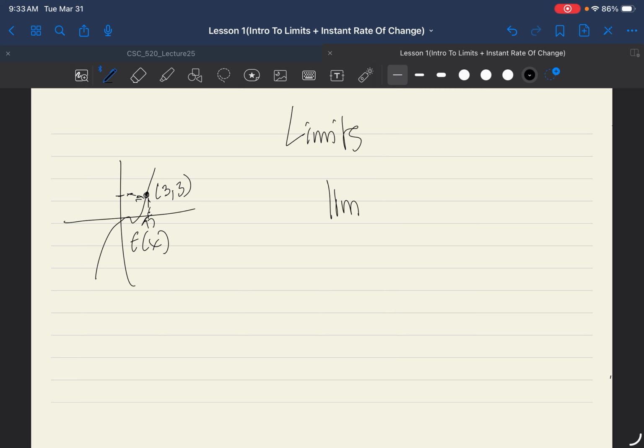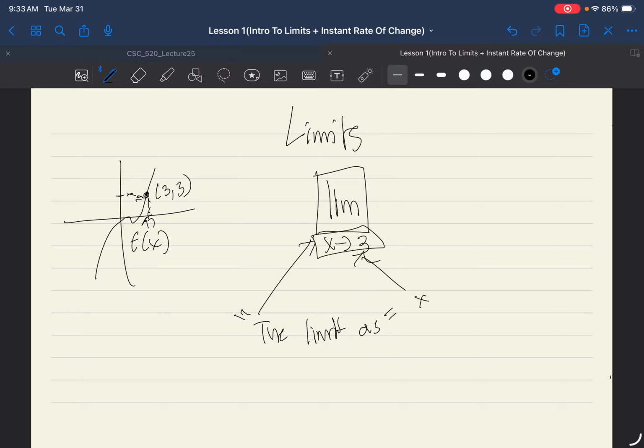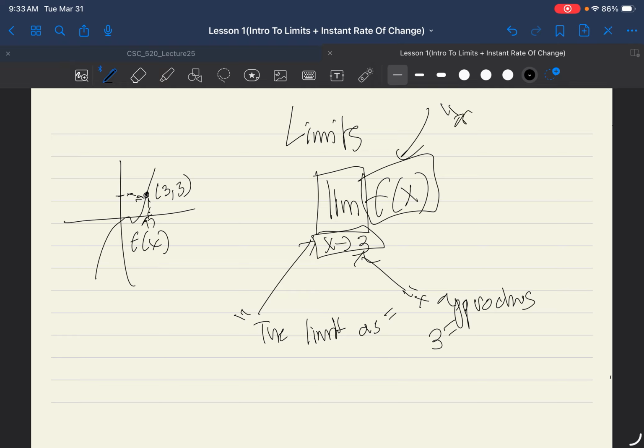So the limit as x approaches 3 of f of x is equal to 3.